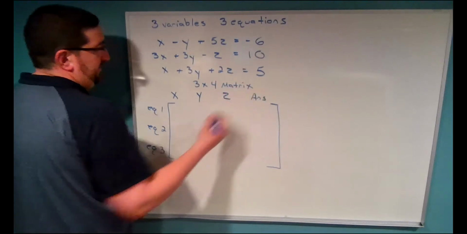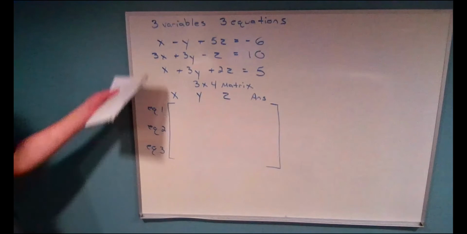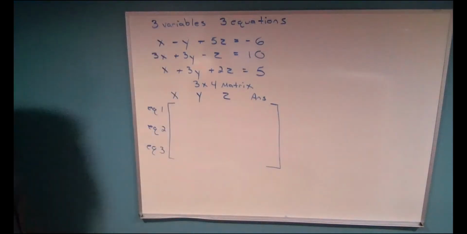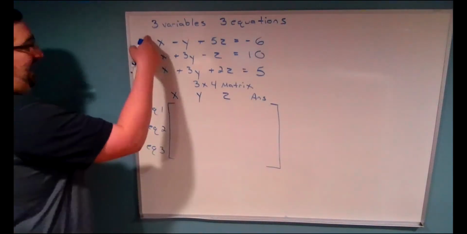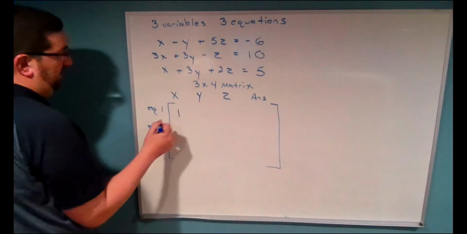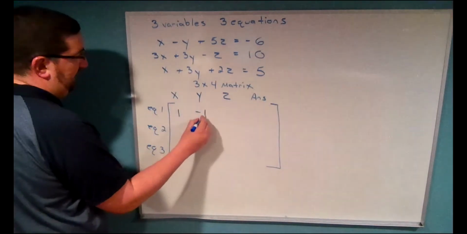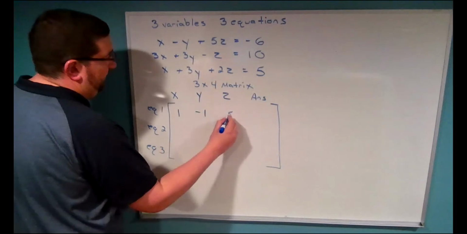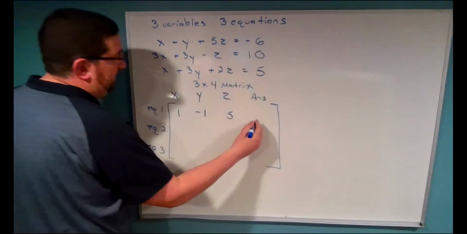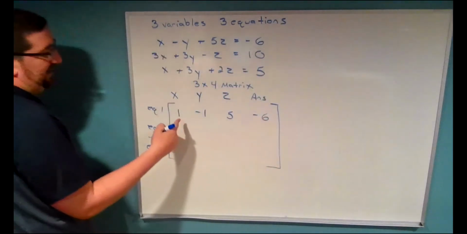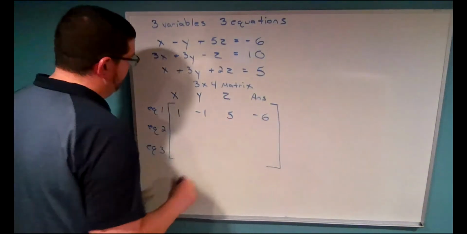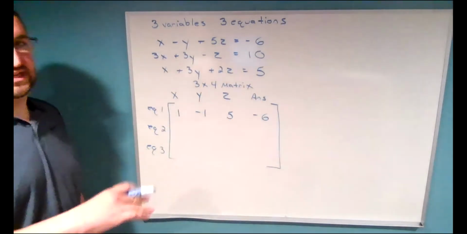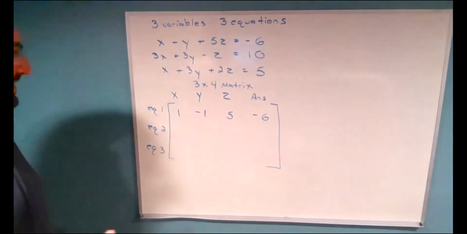Okay. So we start by taking the coefficients that we have. In equation 1, x has a coefficient of 1, y, -1, z, 5. Our answer is -6. Notice I'm not writing any of the variables here. Do not write variables in an augmented matrix, okay?